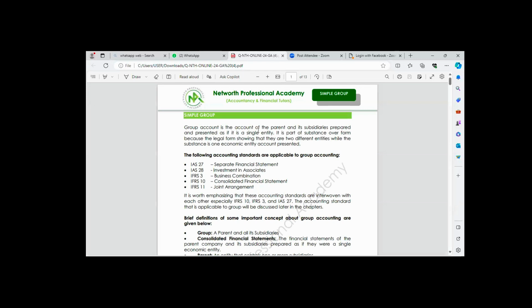It's saying 1 plus 1 is 2. But in group accounts, it's 1. Why? Because the parent has control over the subsidiary. Just like husband and wife. They are one in the face of the imams and the pastors.